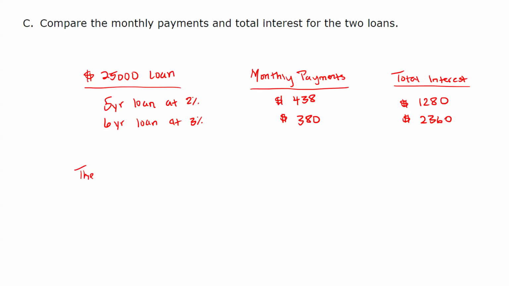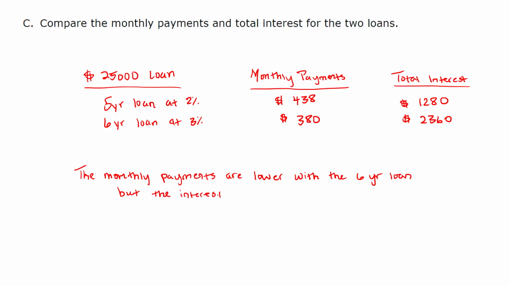So, the monthly payments are lower with the 6-year loan, but the interest is higher. So you can either have lower monthly payments, higher interest, or pay a higher monthly payment but less interest.